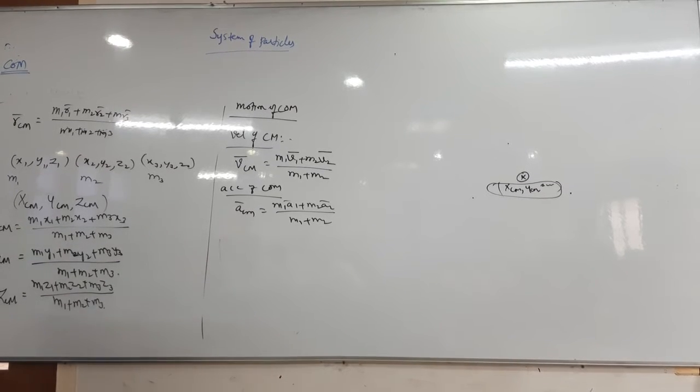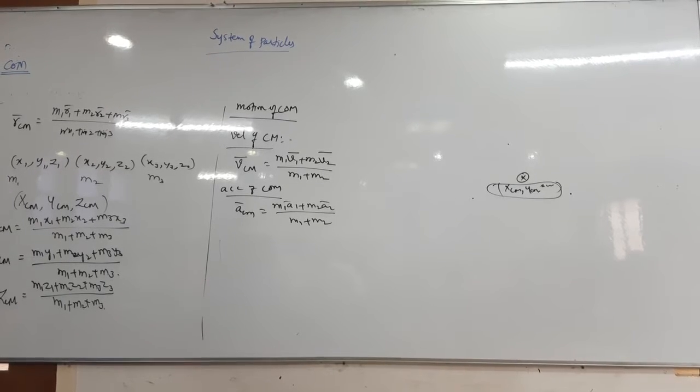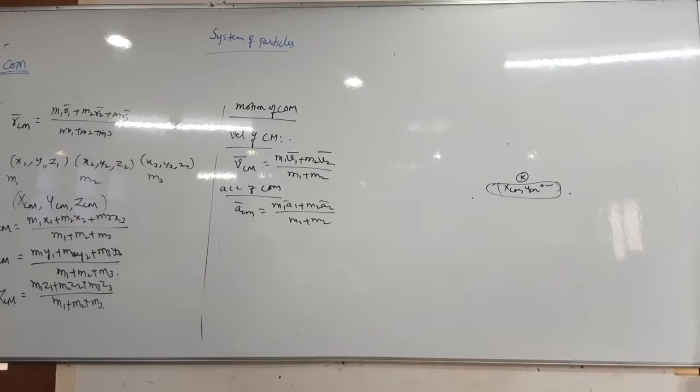In the next line, center of gravity is a point where the total weight of the body is concentrated. Where the weight of the body is acting.